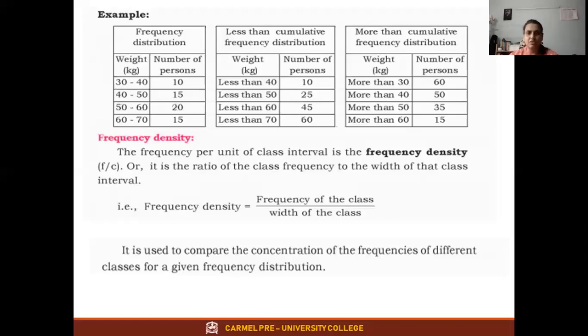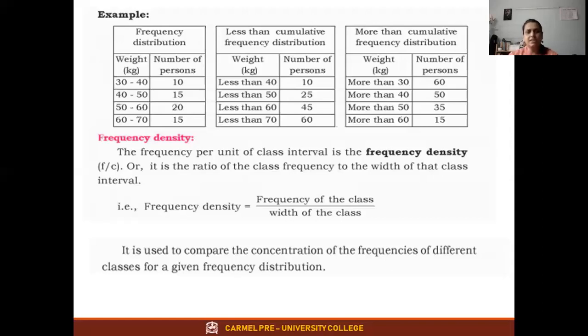Frequency density is the frequency per unit of class interval. So F by C. Frequency of the class is written as F. Width of the class is written as C.